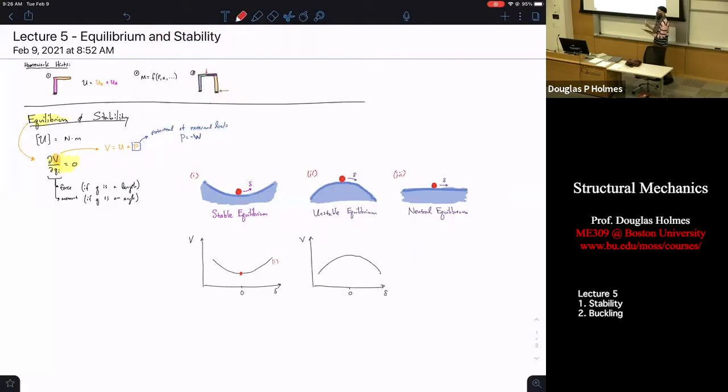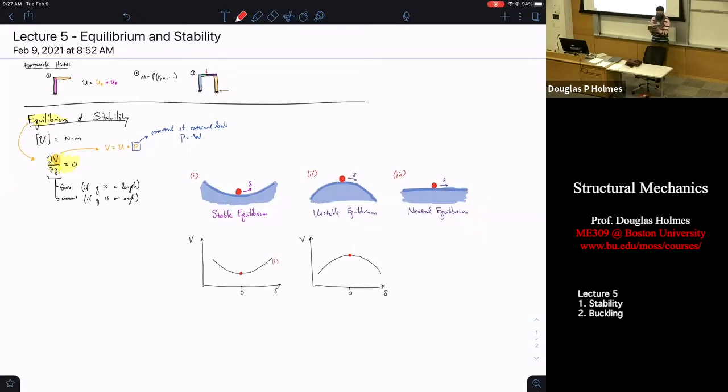If I was to ask you to find the peak of this curve, you would do the exact same thing. You would take the derivative of my function, set it equal to 0, and you would find this point. So taking the first derivative of your function and setting it equal to 0 doesn't minimize it. It's got a more annoying term. It extremizes it. All it can tell you is you found something that is either a minimum or a maximum. If you want to know whether it's a minimum or a maximum, you have to check the second derivative. And the sign of the second derivative will tell you if it's a minimum or a maximum.